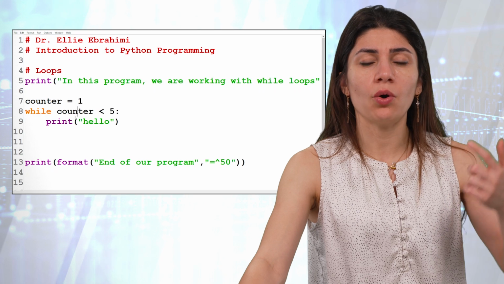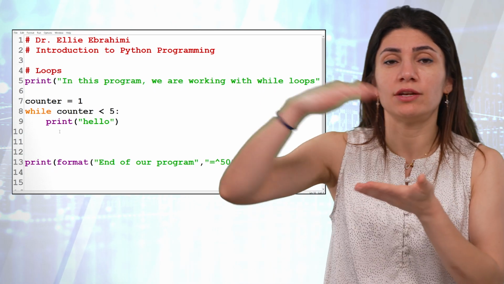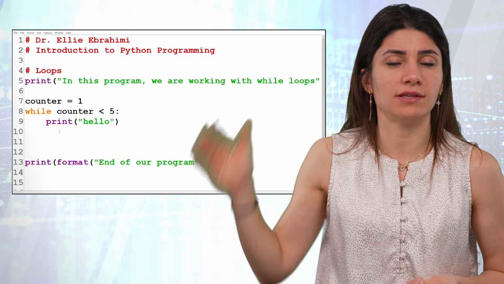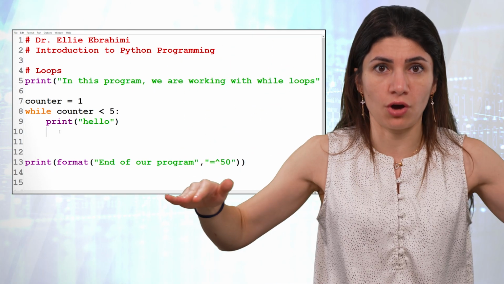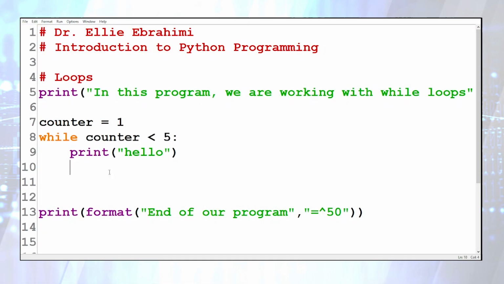As we go, we want to count up in this example to get to 5. At some point, counter is not less than 5 anymore and we want to stop right there, right? So there should be a way for you to change this variable so at some point this while loop ends.